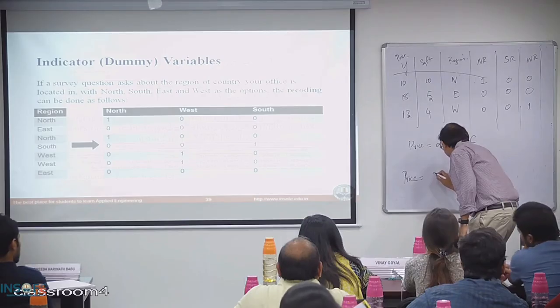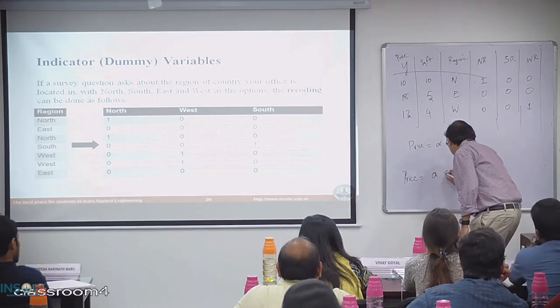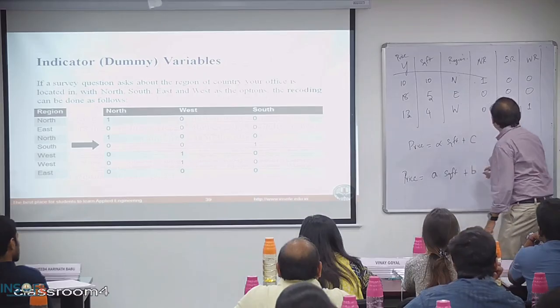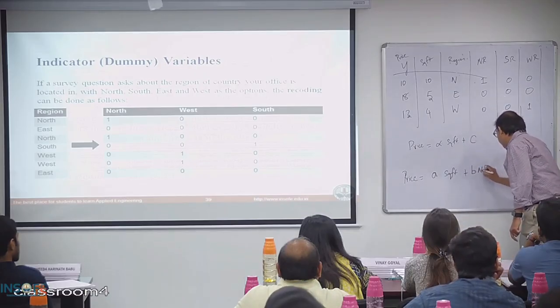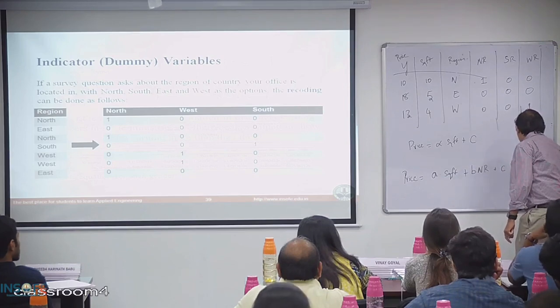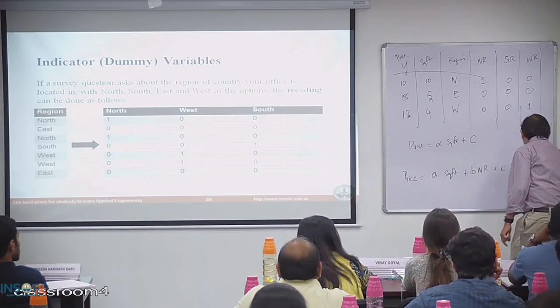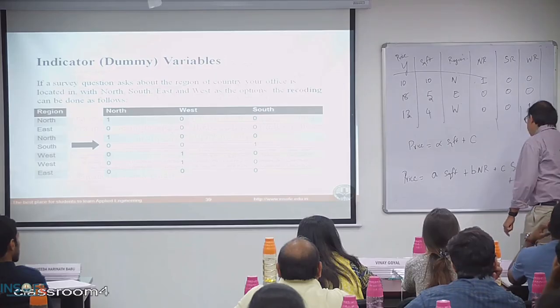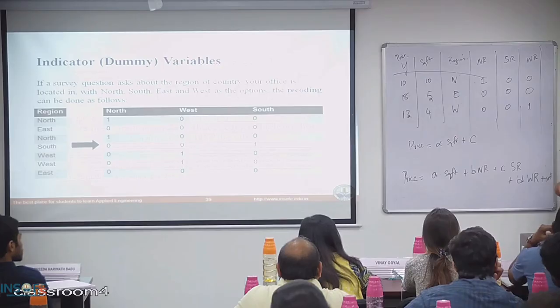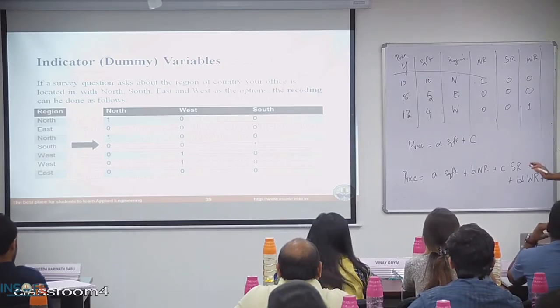So it's going to be A times square foot plus B times north region plus C times south region plus D times west region plus some constant.